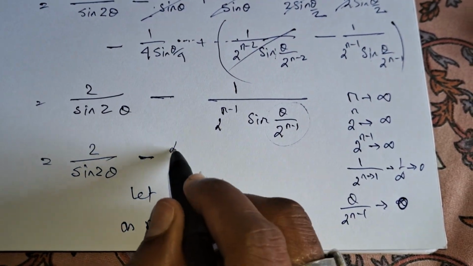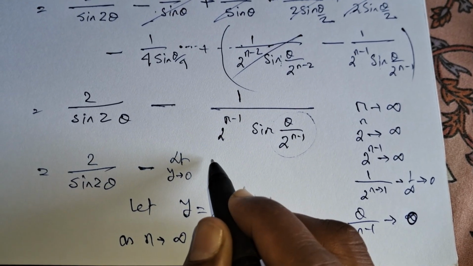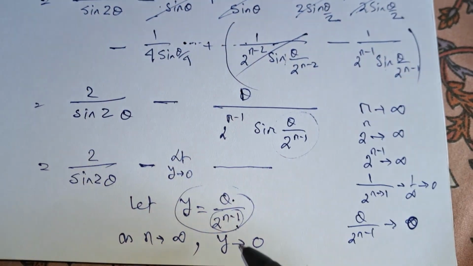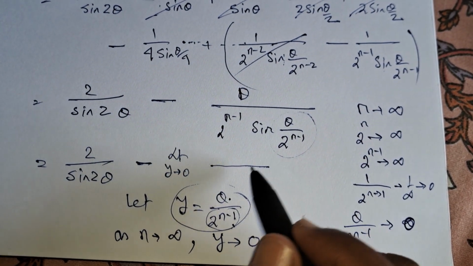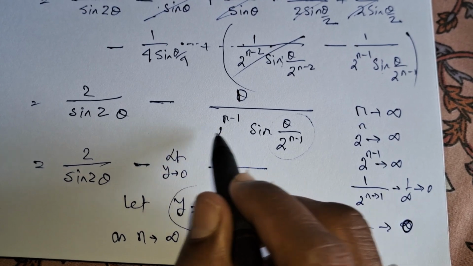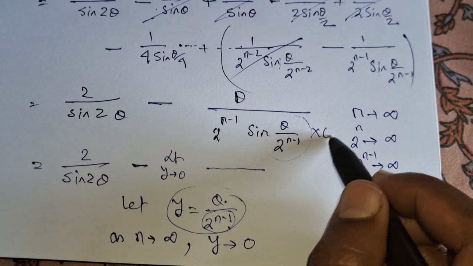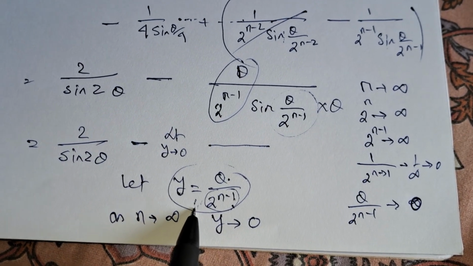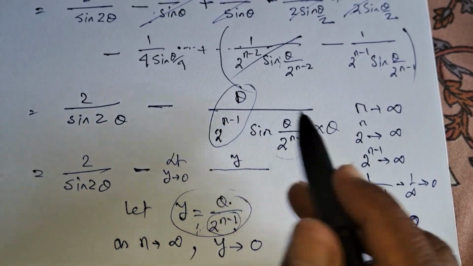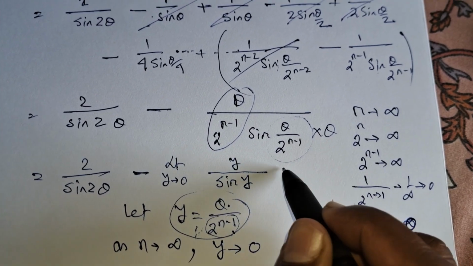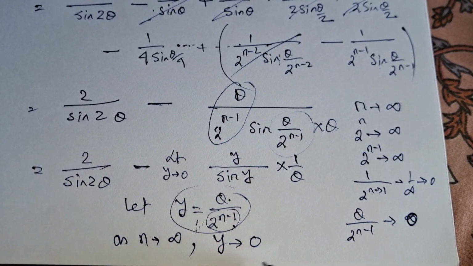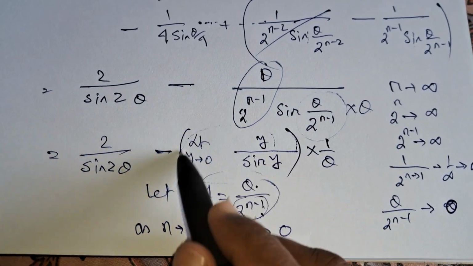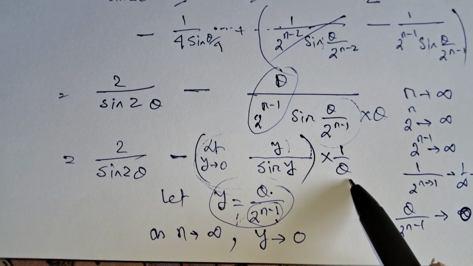So in place of this, you can write limit of y tends to 0. And one thing, to get this form, you write theta in numerator and denominator, so that it becomes y. So it becomes sine y, and there is 1 by theta left, correct? Okay, so this becomes 1 by limit property, and there will be 1 by theta left.